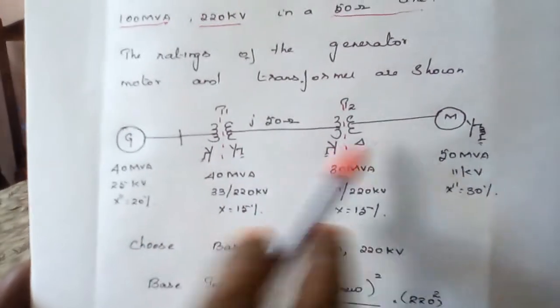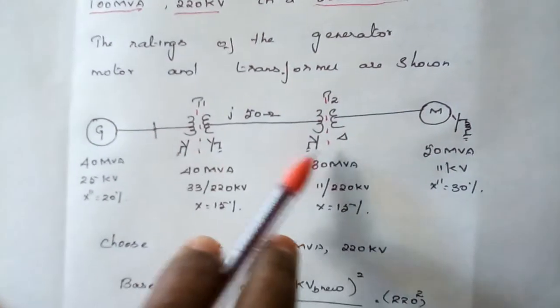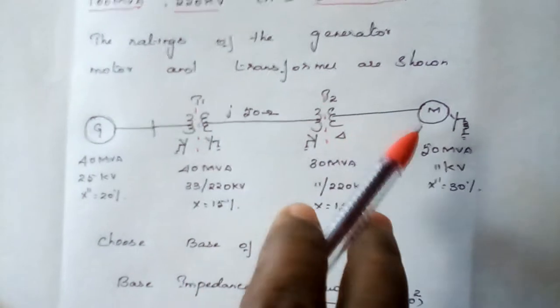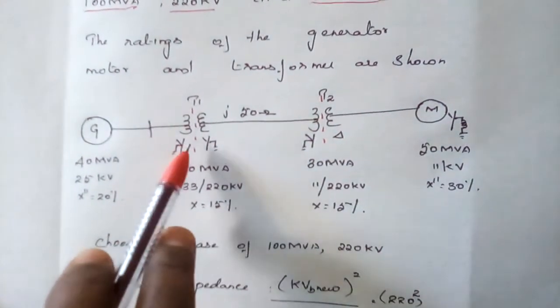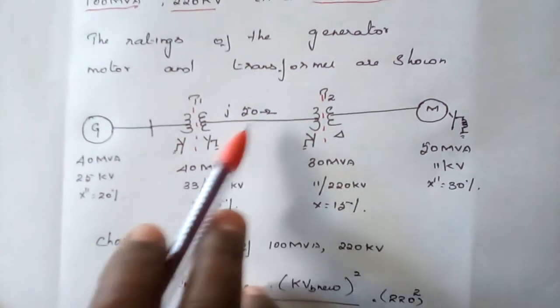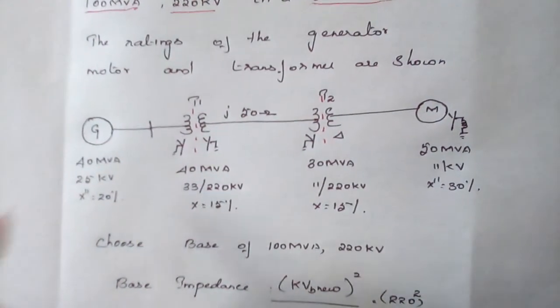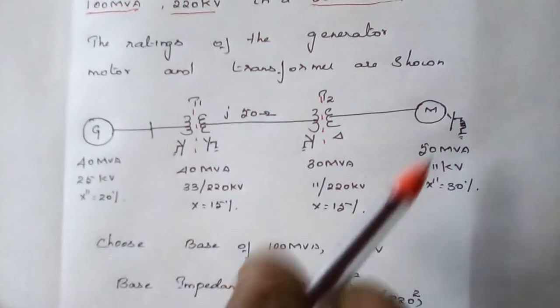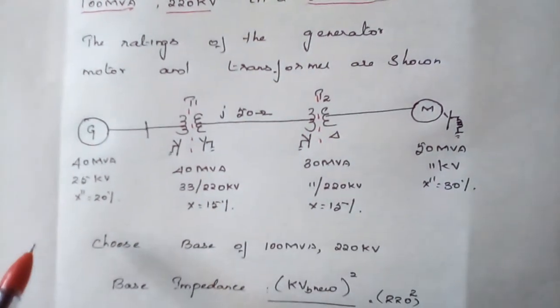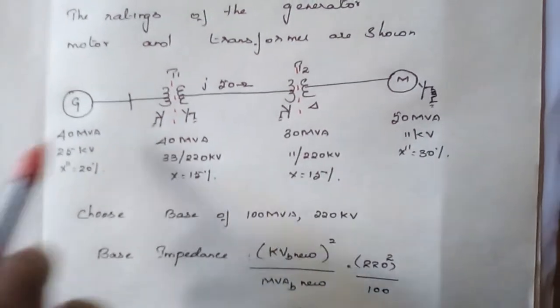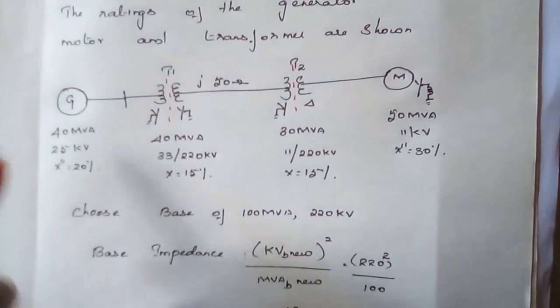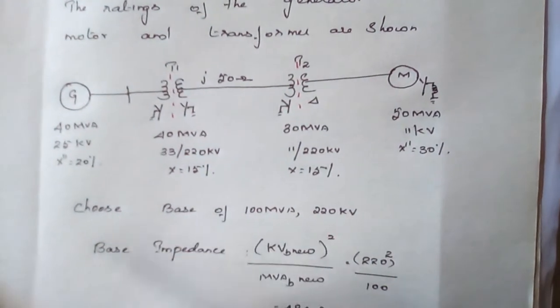Here in the single line diagram there are only two transformers. If there are 3, 4 or 5 transformers, the kV value changes depending upon the voltage proportions of the transformers. Consider here all the elements as three phase elements. Since it is not given, you consider this and proceed with the problem.